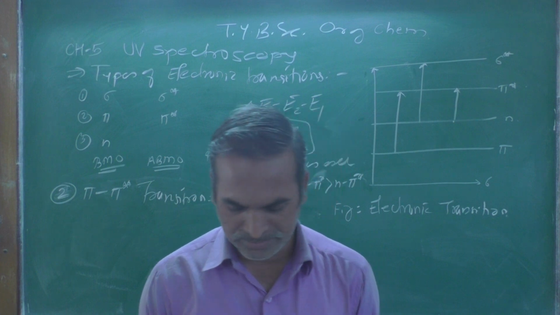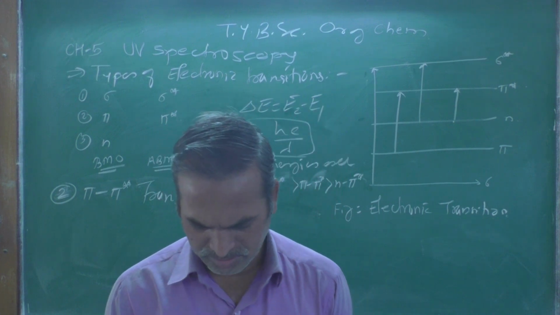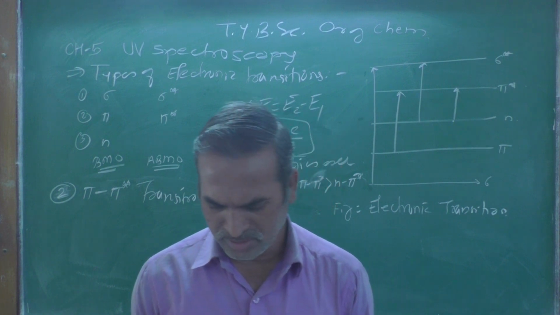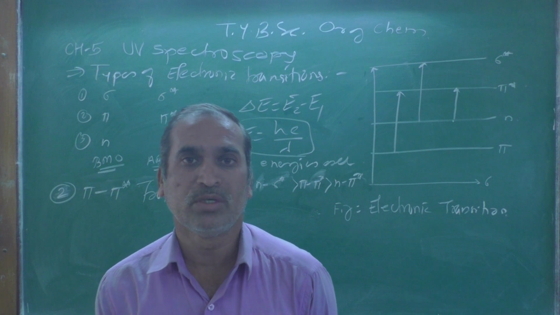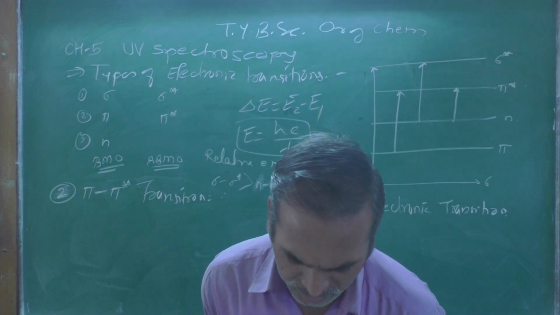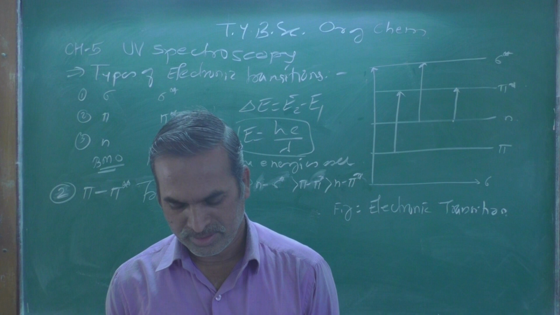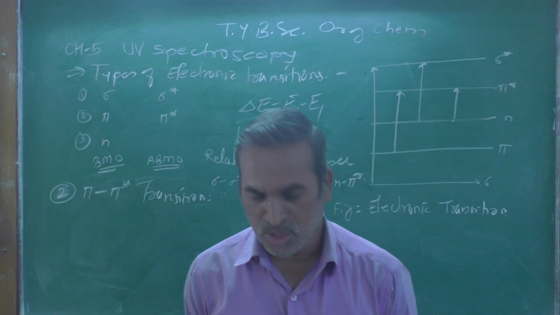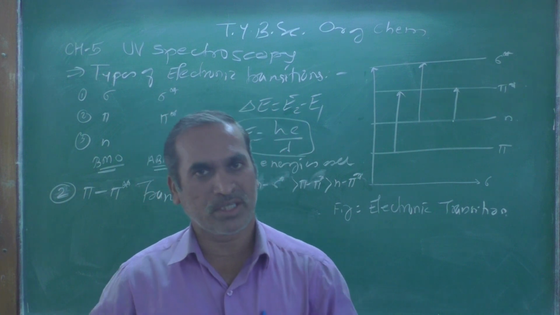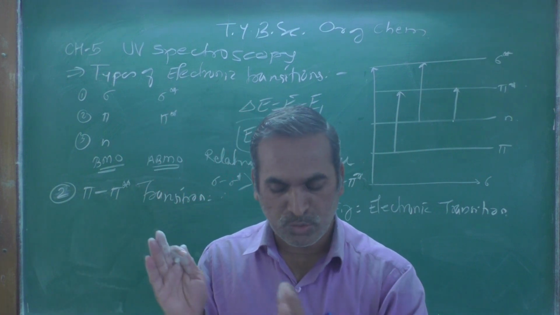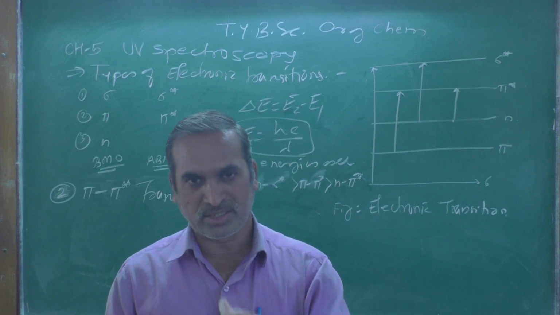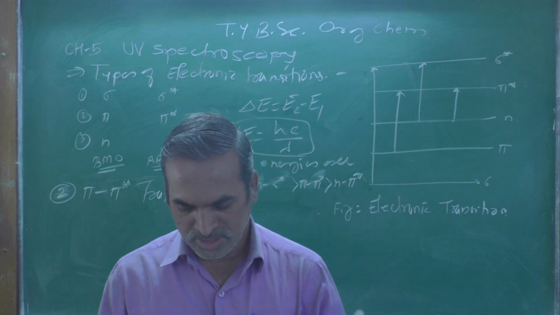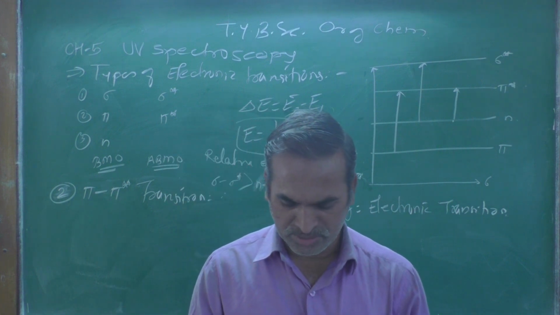In this type of transition, the promotion of an electron from a bonding pi orbital to an anti-bonding pi orbital takes place. Compounds having multiple bonds undergo pi to pi star transition, for example alkenes, alkynes, carbonyl compounds, nitriles and aromatic compounds.